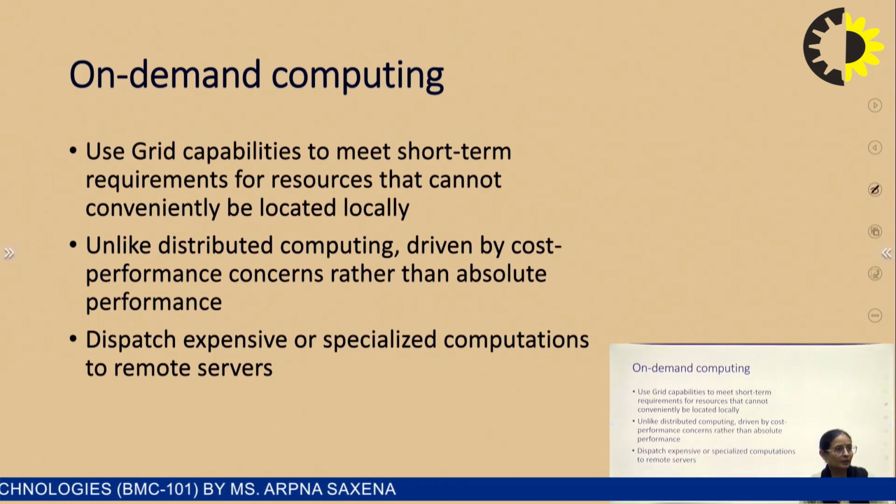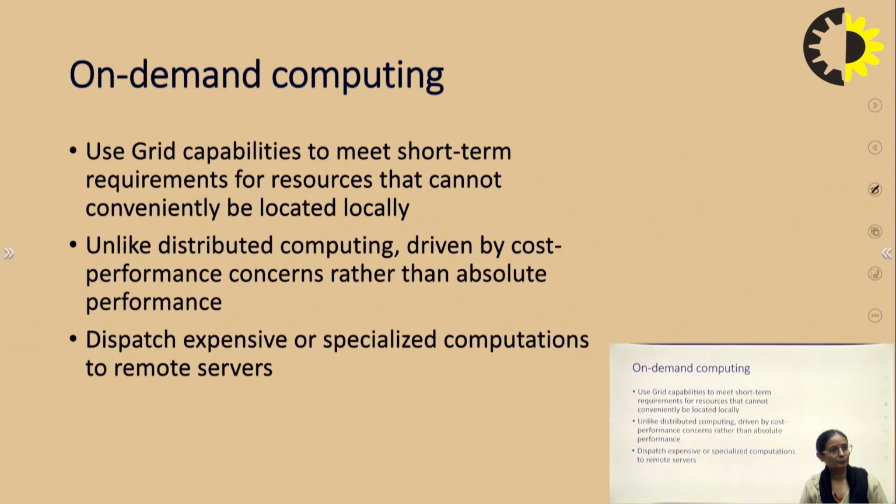On-demand computing: here we use grid capabilities to meet short-term requirements for resources that cannot conveniently be located locally, that is, cannot be hosted locally. They are globally present, but the requirement is short-term. Unlike distributed computing, it is driven by cost-performance concerns rather than absolute performance. Here we dispatch expensive or specialized computations to remote servers, because the main focus is cost versus performance.